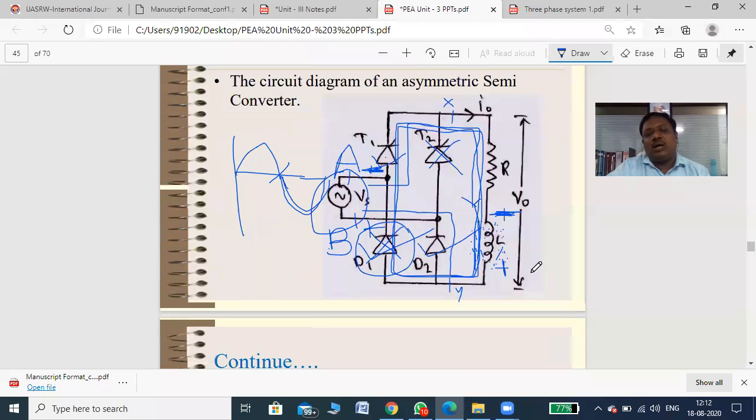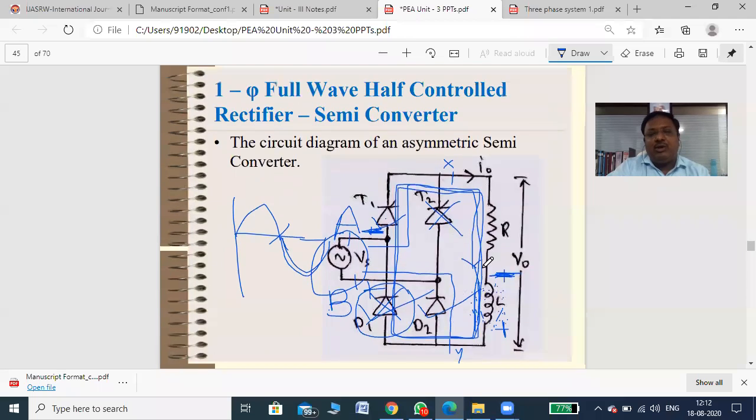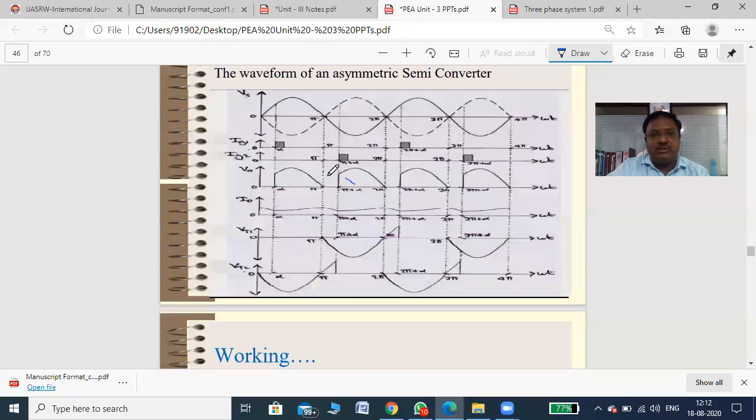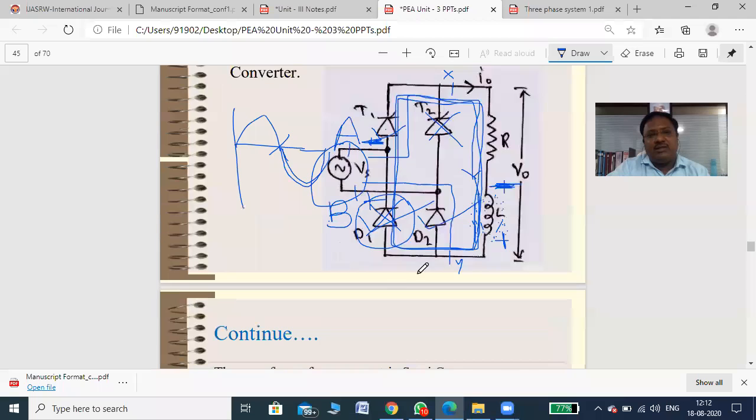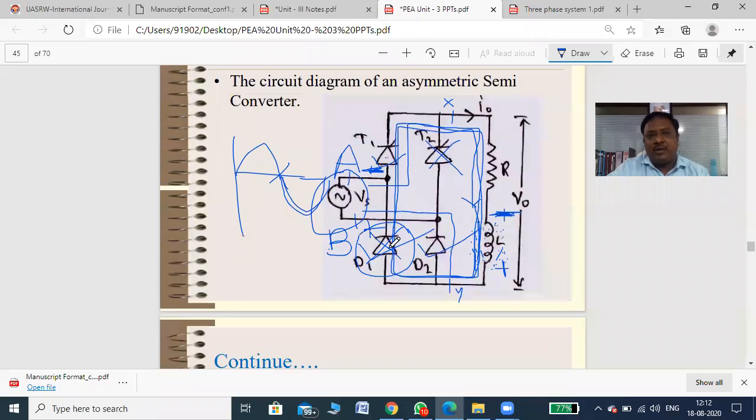So that the load current is continuous. Load current is continuous, and the negative part of the supply voltage is eliminated. Still, the SCR T1 is on in the reverse bias direction, or you can say with a negative voltage, but it is on due to the energy released by the inductor.